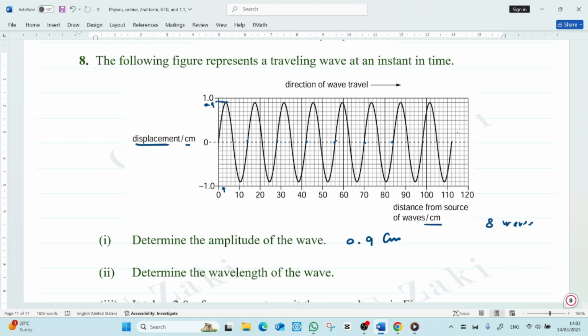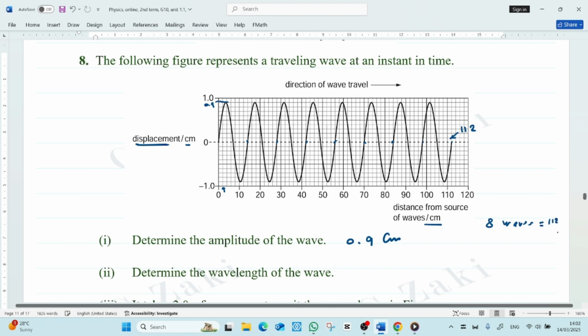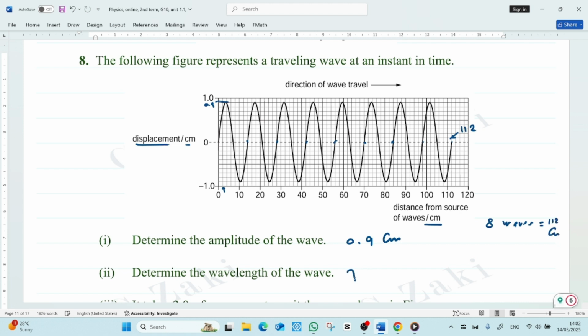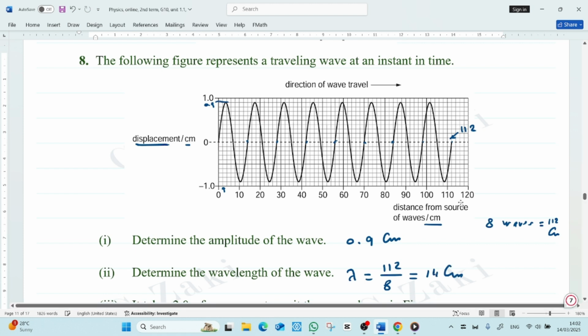Then this point here is 1 dash after 110, so it's 112. So 8 waves, the length of them is 112 centimeters. Then the wavelength equals 112 divided by 8 equals 14 centimeters. So this is the wavelength.